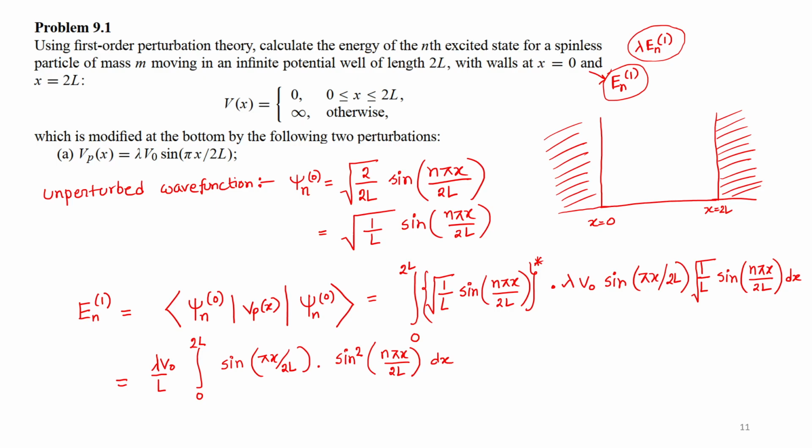Let me give you a hint for that. What can we do here, 0 to 2L? Can we take something as common? Sine square n pi x. That is again, okay, we have one thing in our hand, right?